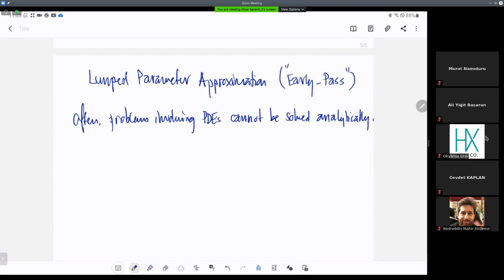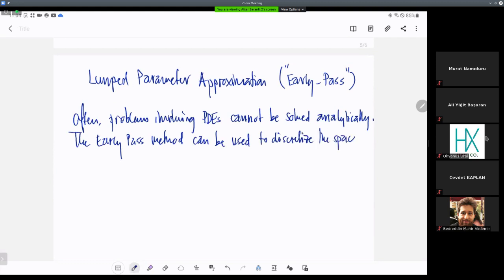The early pass method can be used to discretize the space variable to result in a higher order ordinary differential equation.